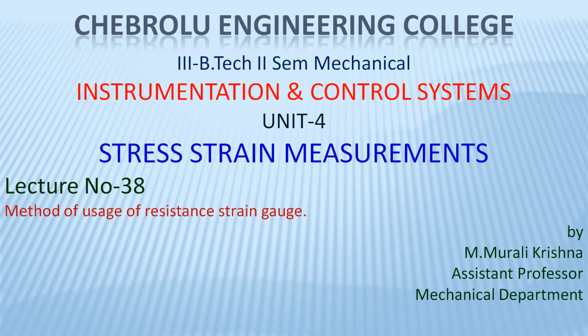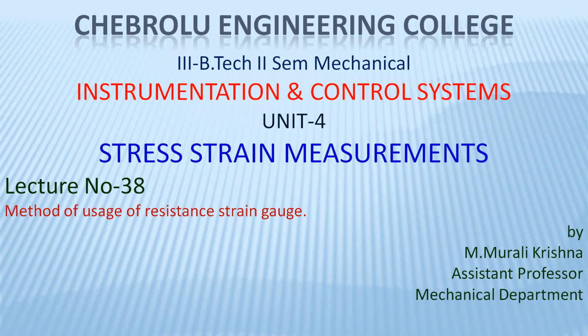We have different types of strain gauges available. What are the different techniques taken to manufacture those types of strain gauges, and what are the different types of materials used to manufacture them? These are all topics we discussed in previous classes.